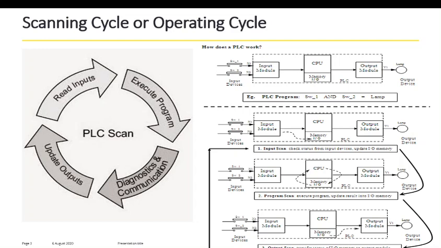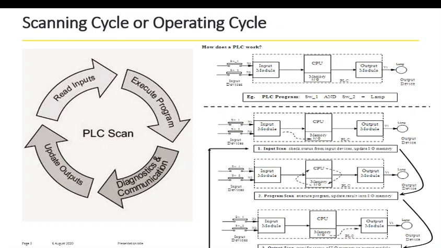The faster the CPU you select, the faster the scanning cycle will be. It means if the scanning cycle is very fast, then as soon as you give input, the CPU will calculate the output, and within a few milliseconds or microseconds, you will get the output. But if the CPU is very slow, then you will get the output after some seconds or minutes.